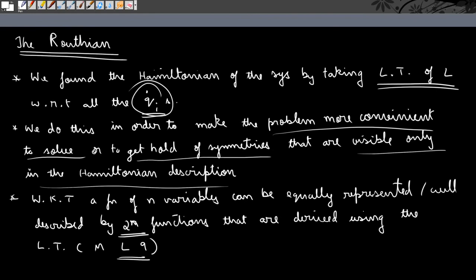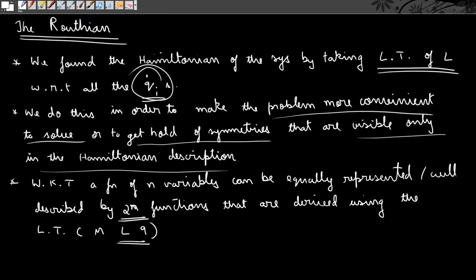The Routhian is similar to how we get the Hamiltonian, but the only difference is that instead of applying the Legendre transform to all the q_i dots, we apply the Legendre transform only for some of the q_i dots, depending on what is going to be more convenient to us.